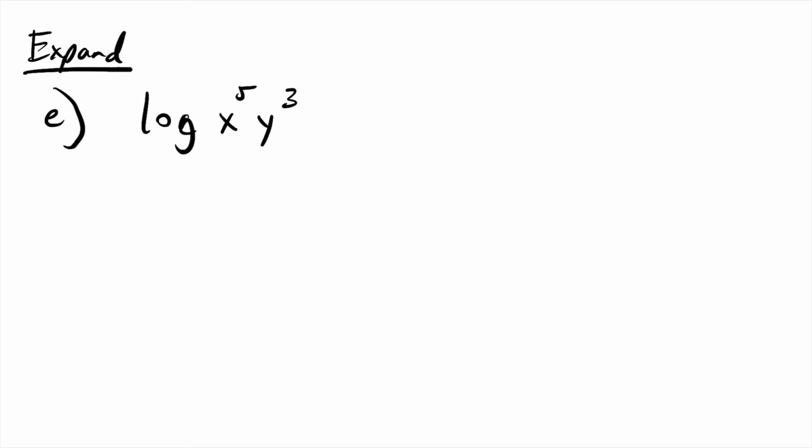Okay, so when you're expanding, we do powers last. It's important to note the powers. I'm going to circle the powers because I know I got to move them, but I'm not going to do that till the end. So I finish with power, but what other properties am I going to have to use? Product or quotient? Product, because these two are multiplied together. Multiplication is product. Okay, so the first thing I'm going to do is separate them with a plus sign in the middle.